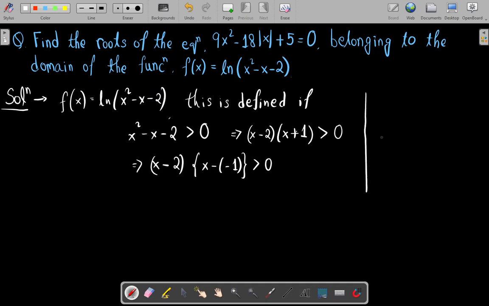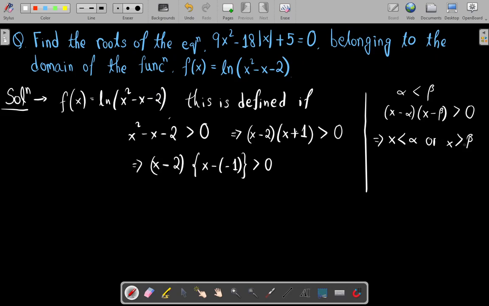If we are given a product like (x − alpha)(x − beta) and the product is positive, and alpha is smaller than beta, then either x is smaller than the smaller number, alpha, or x is larger than the larger number, beta. This is because if x is smaller than alpha, then x − alpha is negative and x − beta is also negative, and the product of two negatives is positive.